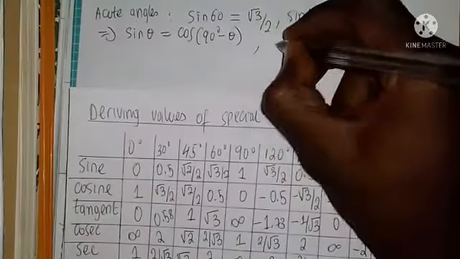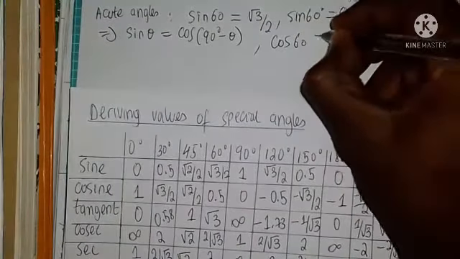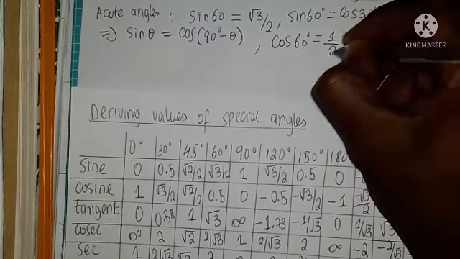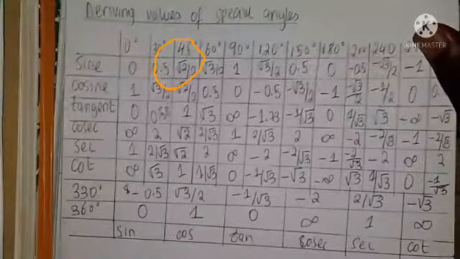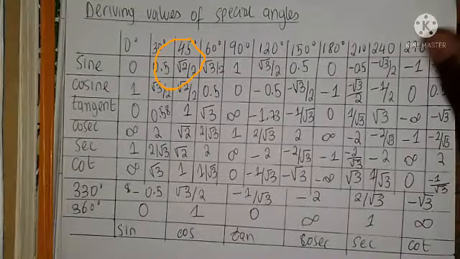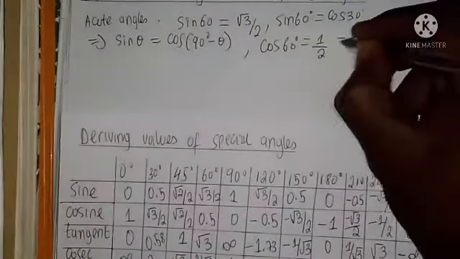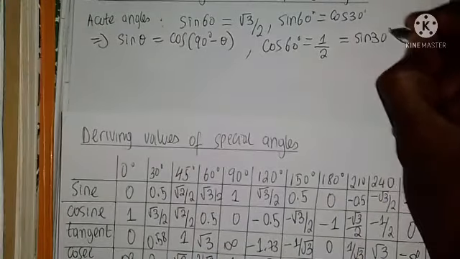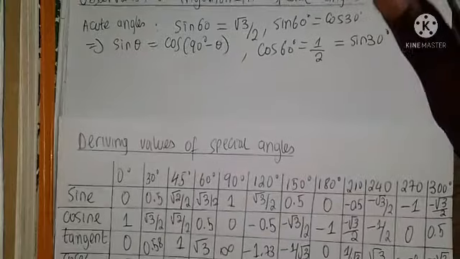So cos 60 degree is equal to a half. Now check again. You will clearly see that sine 30 is equal to a half. So this is equal to sine 30. But it doesn't just stop there.